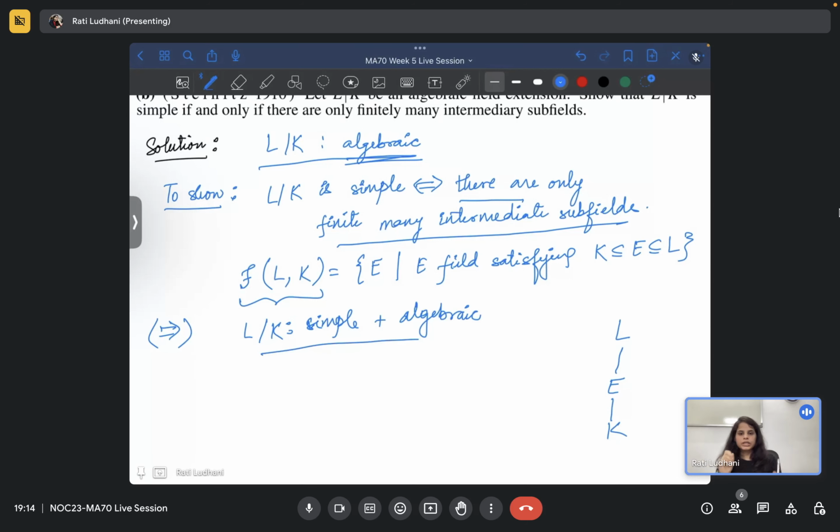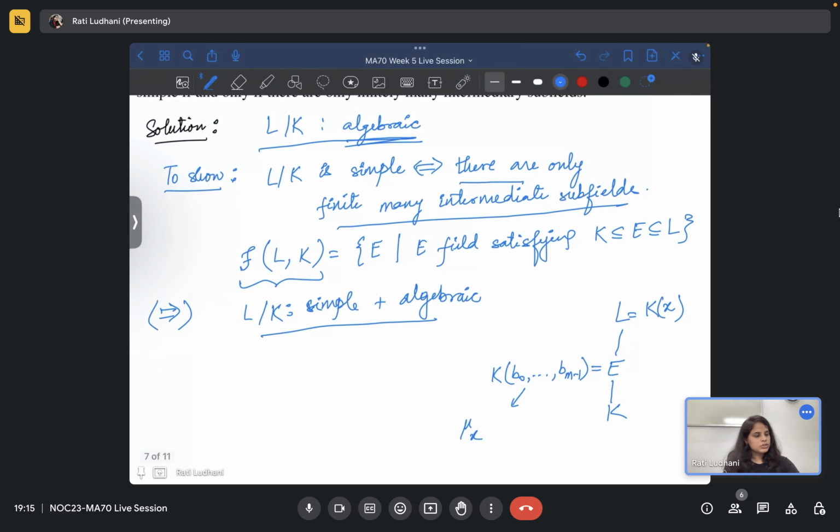And it is saying if there is some E, then this is equal to K with some coefficients, where the coefficients are coming from the minimal polynomial of x. L is some K(x), because this is simple, so there is some primitive element x. These b_i's are coming from mu(x, K), which is equal to b0 plus up to and so on, b_{m-1} x^{m-1} plus x^m, right?